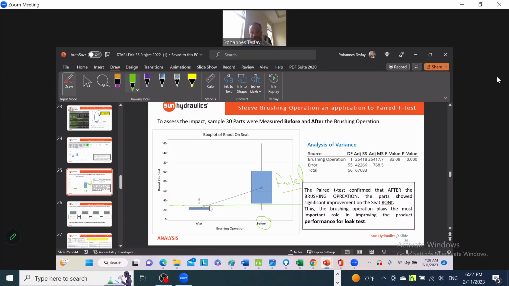But after brushing, only these parts failed, and the others pass. The paired t-test confirmed that after the brushing operation, the parts showed significant improvement on seat runout. Thus, the brushing operation plays the most important role in improving product performance for the leak.